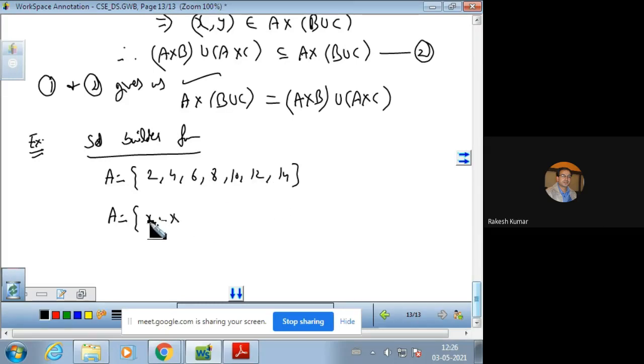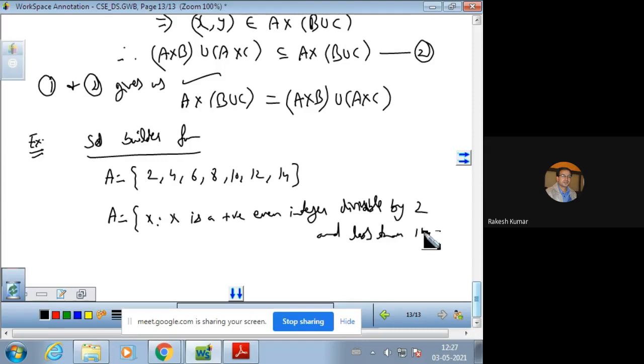So it can be written as x such that x is a positive even integer divisible by 2, and one more property is there: all the positive even integers are less than 15.